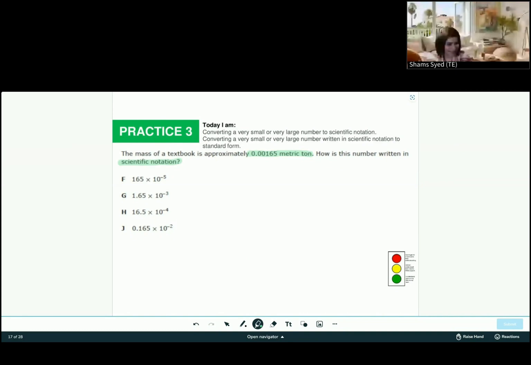Felice, excellent. Zara, reconsider. I am wondering where the decimal point will go in the number. For scientific notation right now, it is right here, 0.00165. So here we have few people who are confused about it, right?